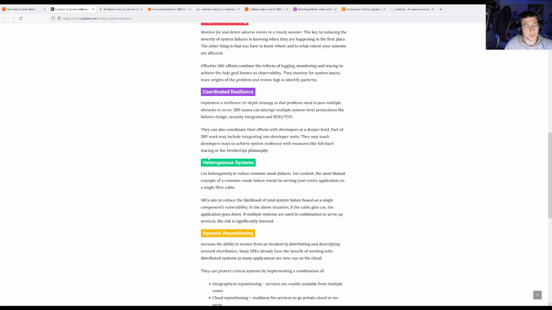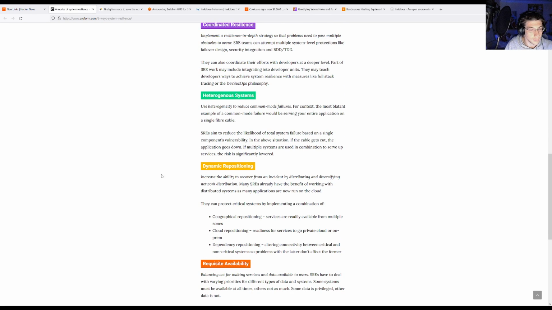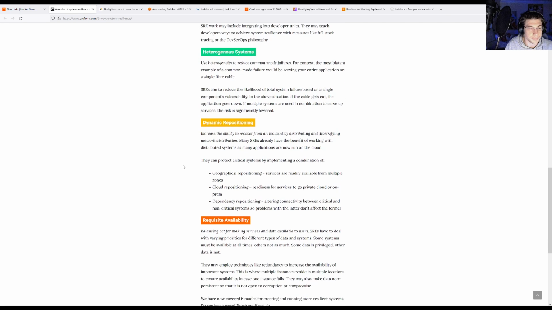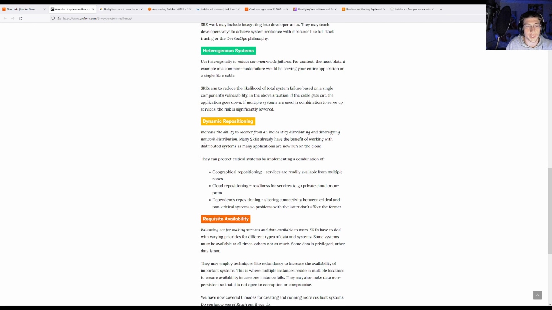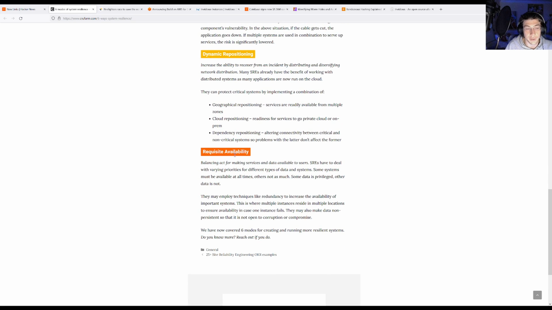Then there's heterogeneous systems, heterogeneity to reduce common mode failures. Dynamic repositioning, increase the ability to recover by distributing and diversifying network distribution. Requisite availability, a balancing act for making services and data available to users.